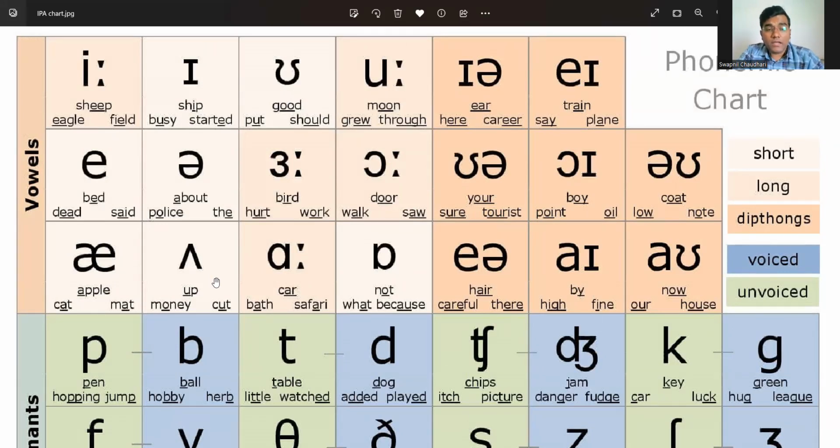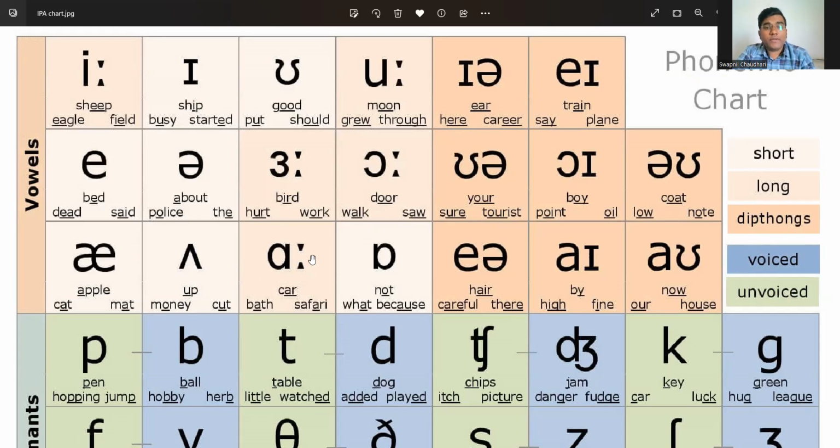Then we have the sound in up, money, cut, a short sound represented by this inverted V. And then we have the sound in car, park, safari, represented by this A-like letter with a colon sign.